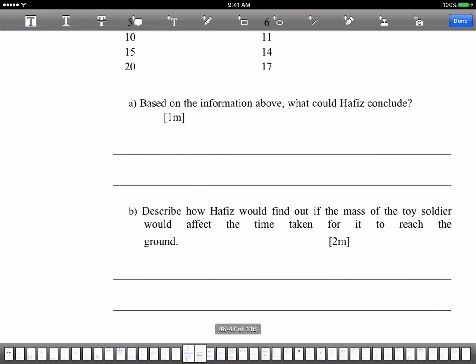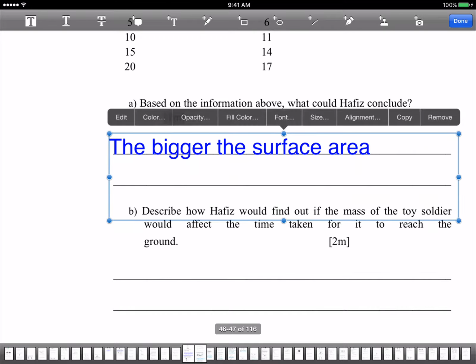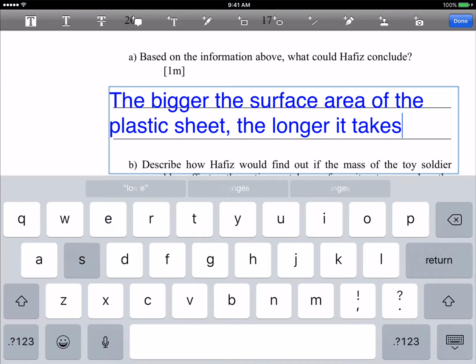The bigger the surface area, the longer it takes for the parachute to reach the ground. So we can conclude that the bigger the surface area of the plastic sheet, the longer the toy takes to reach the ground.